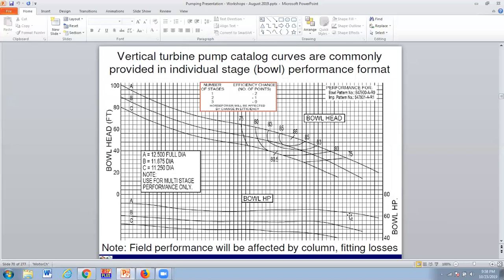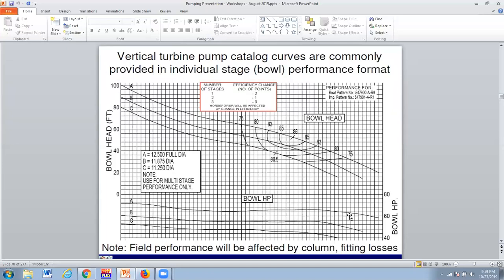This is a vertical turbine pump. It extends on a shaft vertically down into what we call a well, a hot well or a cold well. And the impellers are on this shaft. They're called bowls, and they force the water up.